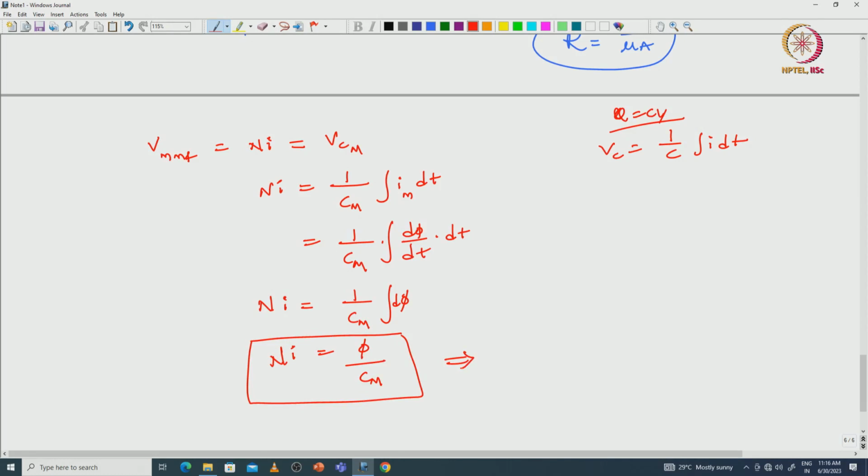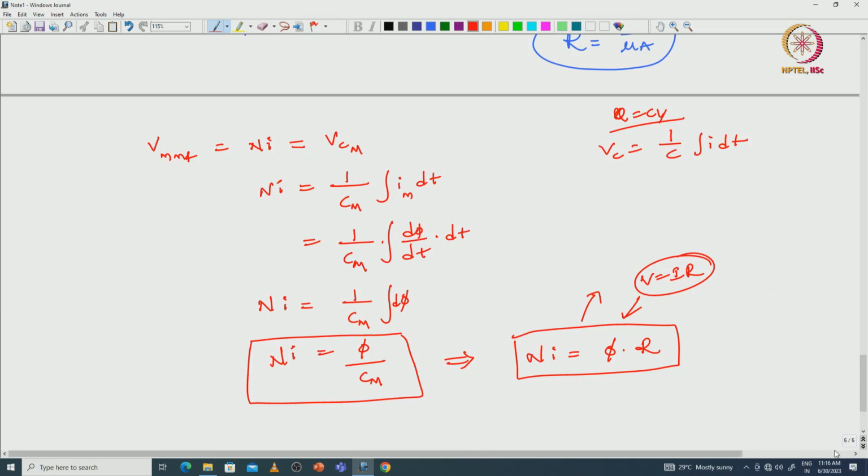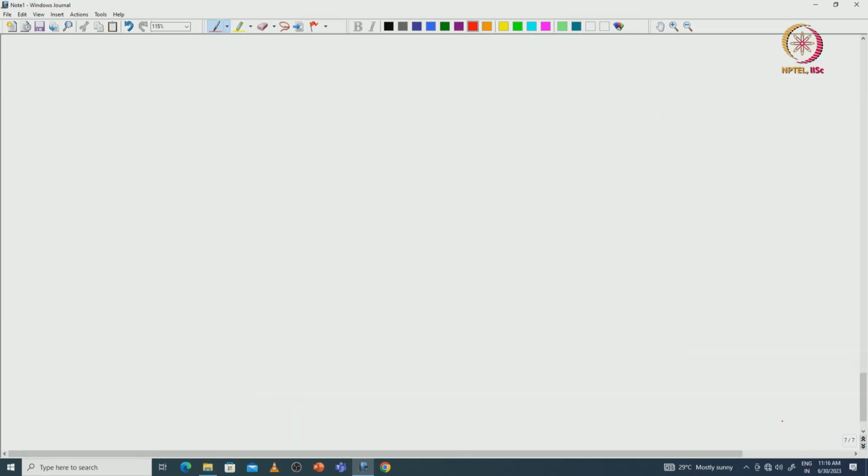If we represent it in terms of reluctance, MMF is equal to flux into reluctance, which is the reciprocal of magnetic capacitance. We should not call it a magnetic Ohm's law, that is the V equals IR form. This is the equation with respect to the capacitor.